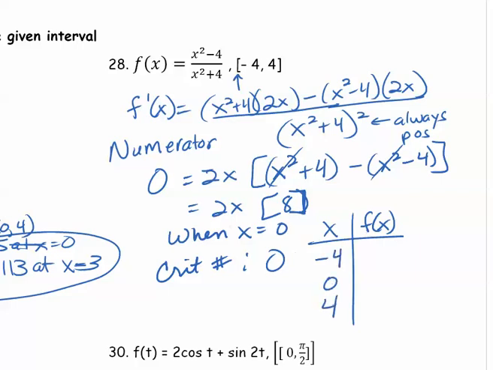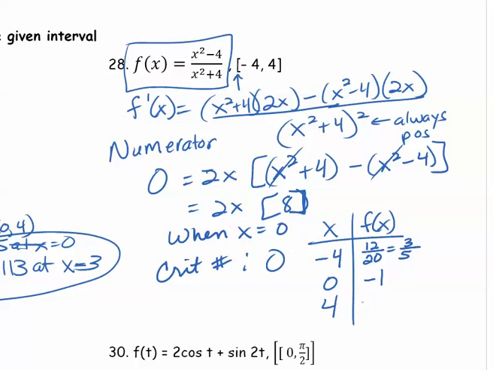So we need to look at the y coordinates, and remember that you're looking for the y coordinates of our original function. If we put negative 4 in there, we would have 16 minus 4 or 12 in the numerator and 16 plus 4. We could reduce this, cancel by 4. If we put 0 in, we'll get negative 1. In other words, we'd get a negative 4 over a positive 4.